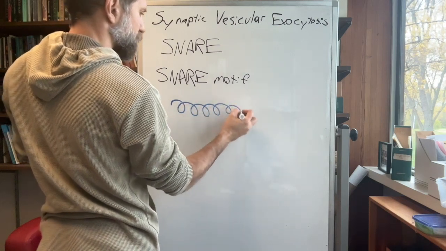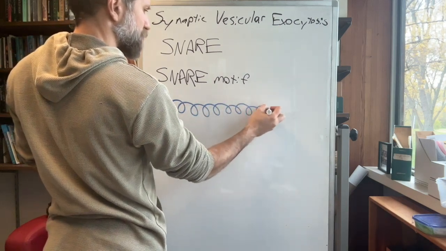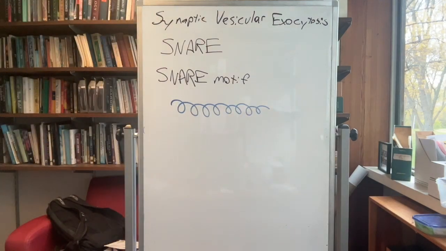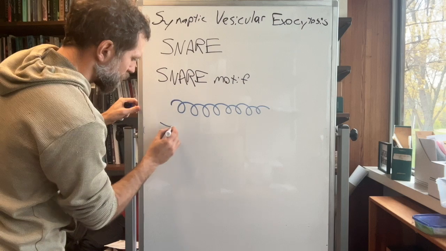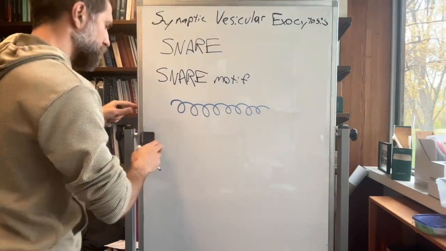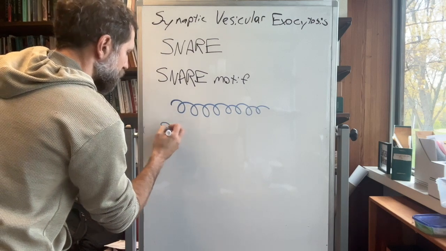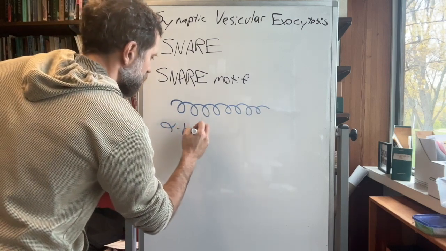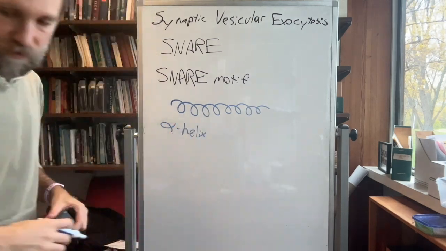We talked about this in class 2. This is a secondary structural characteristic of many proteins, and all of our SNARE proteins have this very long alpha helix structure. All right, so this is our alpha helix.